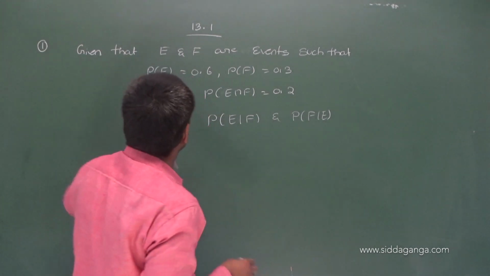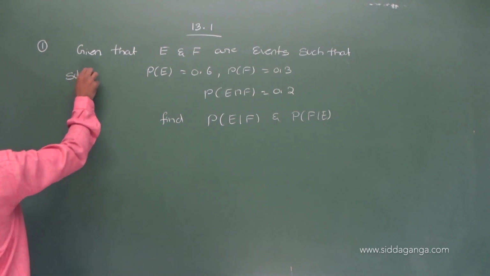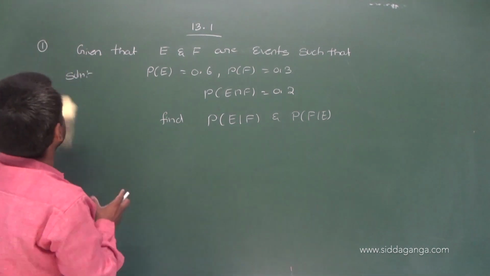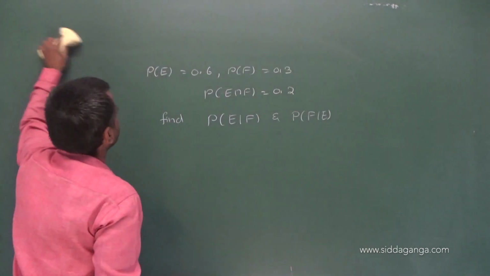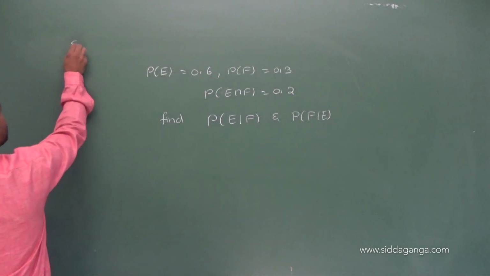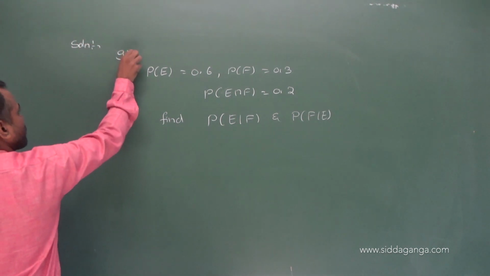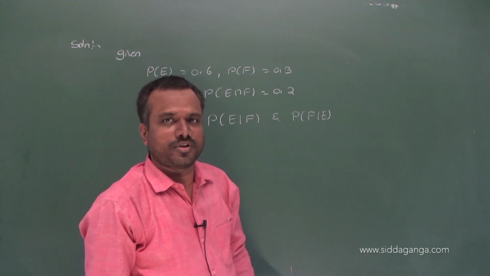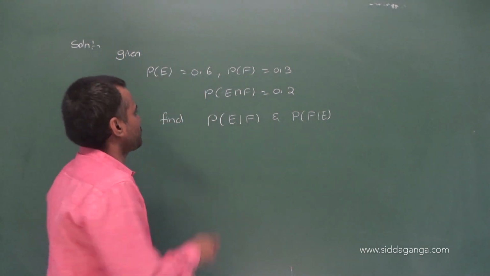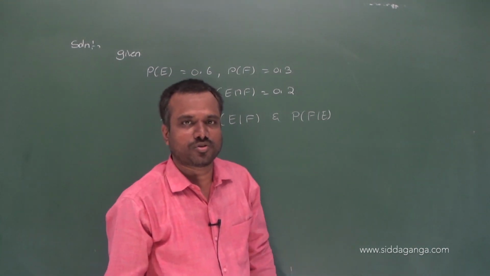Simple problem, solution. Given P of E is equal to 0.6, P of F is equal to 0.3, and P of E intersection F is equal to 0.2.